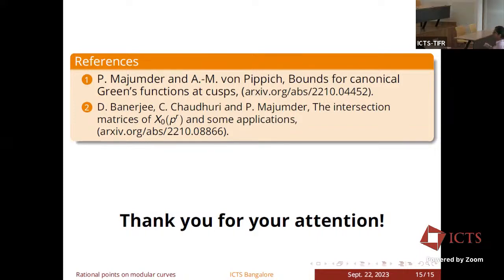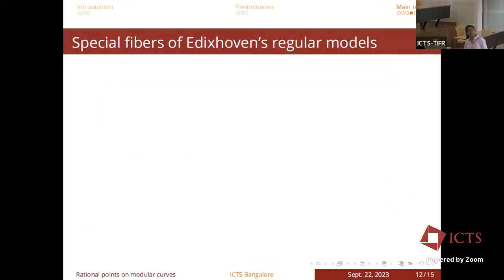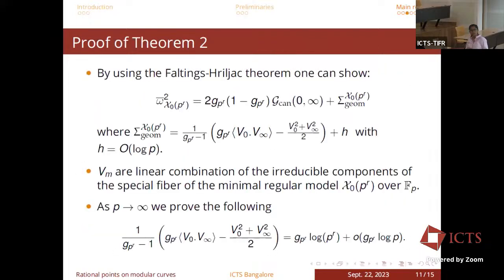We have explicitly written down, for example, the intersection matrix. They have not given the explicit intersection matrix, but at the end of the day, I don't think you need the intersection matrix. You just need this formula. So they have proved this.